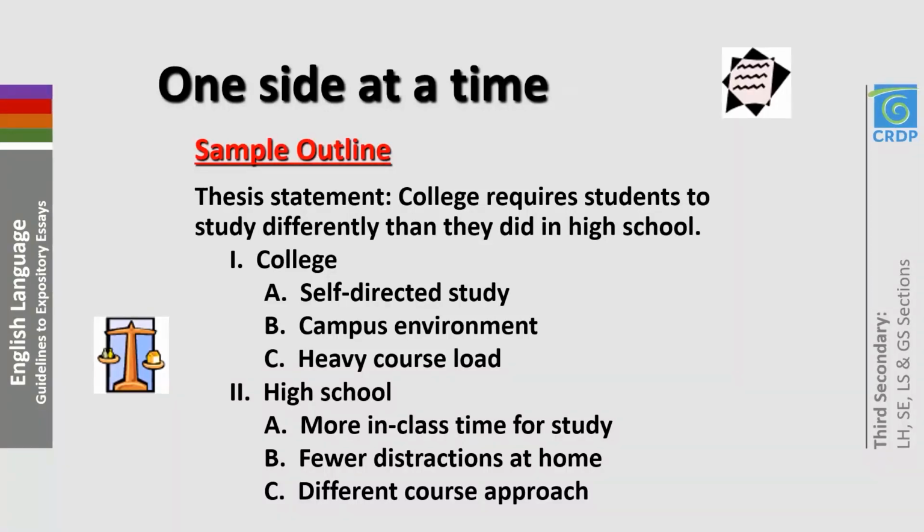So, in this type of development, all the ideas related to the first item are put in one paragraph on one side, like here, college has the three things all written in one paragraph. And the second paragraph contains the ideas related to the second item all put together in one paragraph.